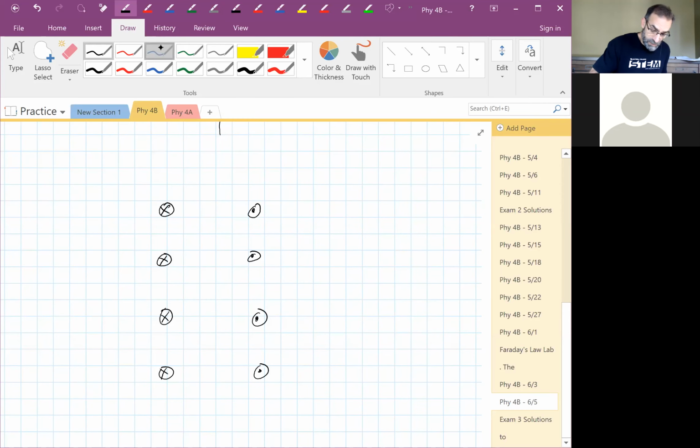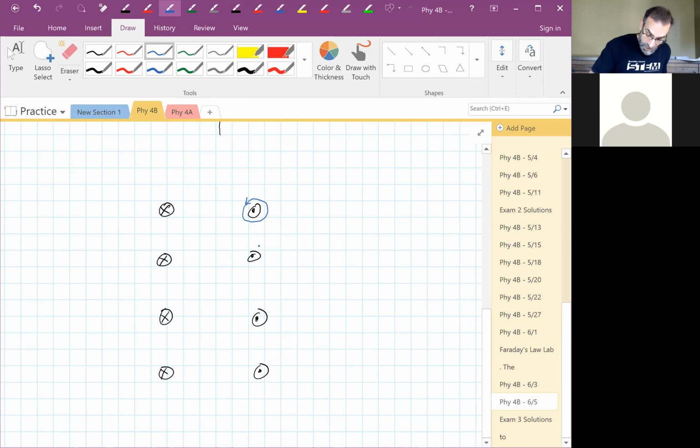Let's see what color. How about blue for magnetic field? So this wire is going to have a magnetic field that goes around it like this. What direction? Counterclockwise, right? The magnetic field will look something like that.